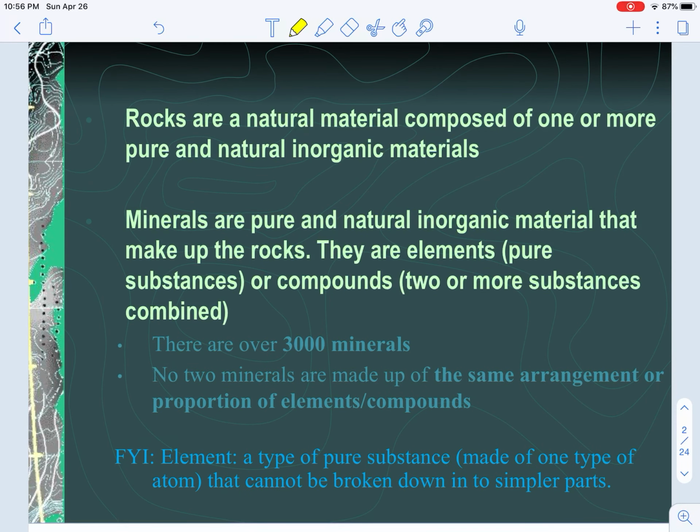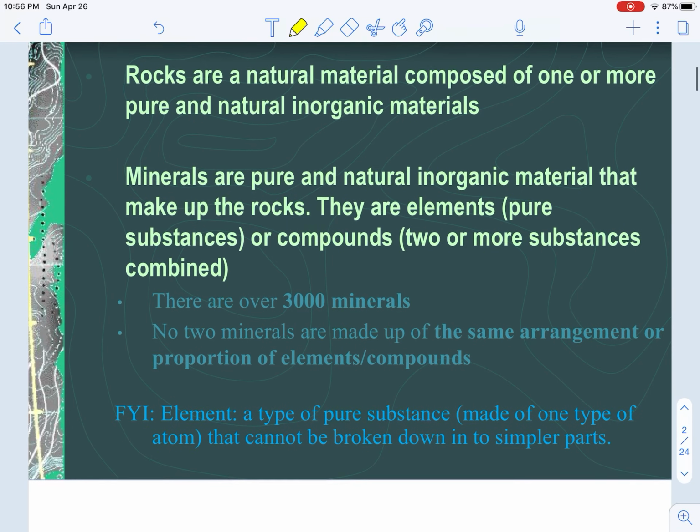So minerals are different than rocks, because rocks may have some materials that are naturally occurring elements but also some inorganic materials in there, so they're a kind of mixture.